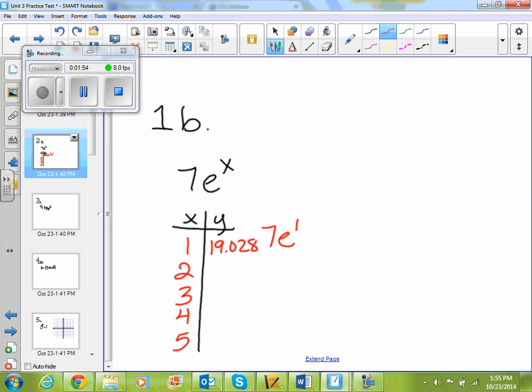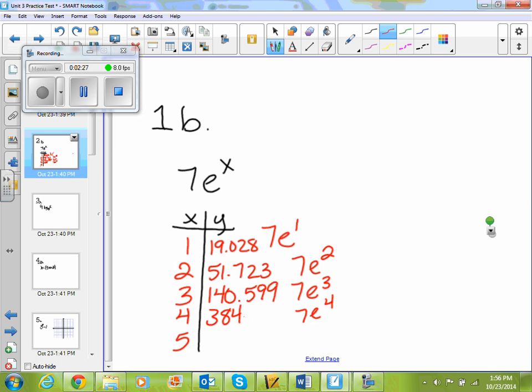If I plug in 2, then I get 7e squared, which is 51.723. If I plug in 3, 7e cubed is 140.599. 7e to the fourth is 382.187.